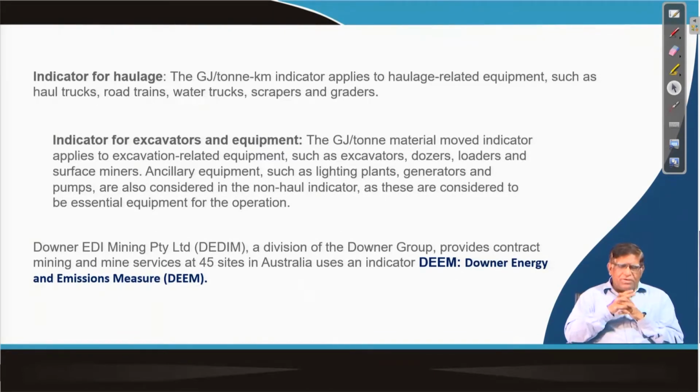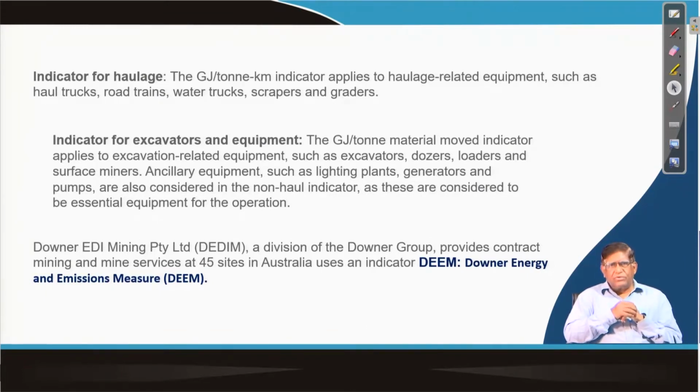But there are different ways of expressing this key performance indicator, out of which one company, Downer EDI Mining Private Limited in Australia, developed a method called DEEM, Downer Energy and Emission Measures.